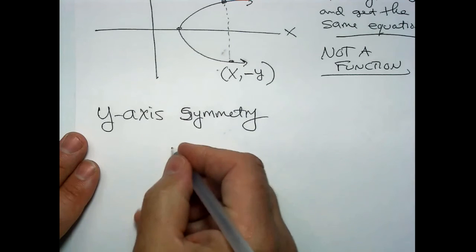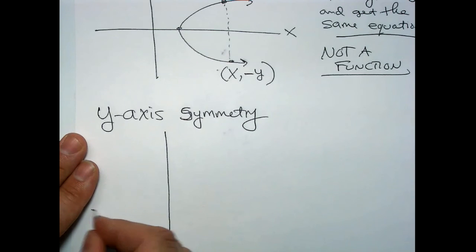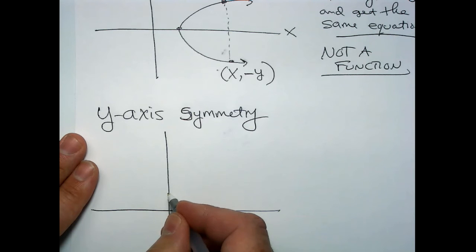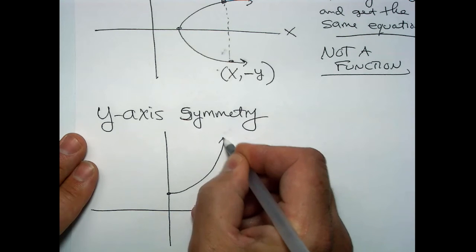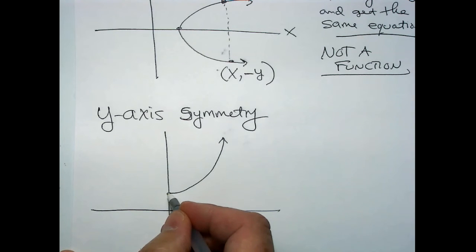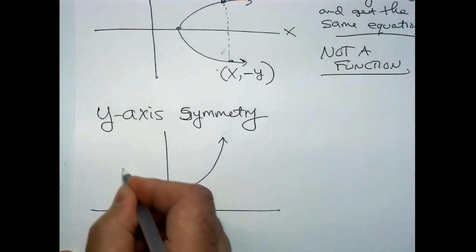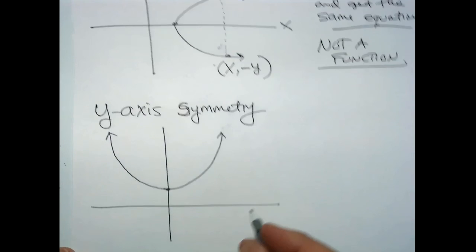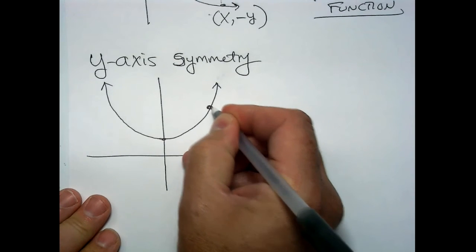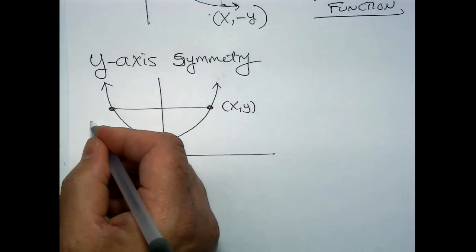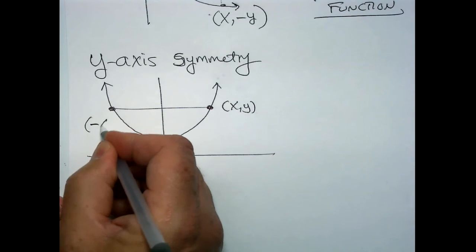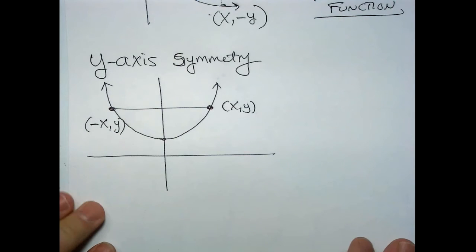All right, let's look at y-axis symmetry. That is when the y-axis acts as a mirror. We can go back to one of the functions we used earlier, x squared plus 1, because that curve had something over here, but it had a mirror image over here. And again, that's to say that if there was a point on the curve x comma y, there must also be a companion point, a reflection point, which is minus x comma y.